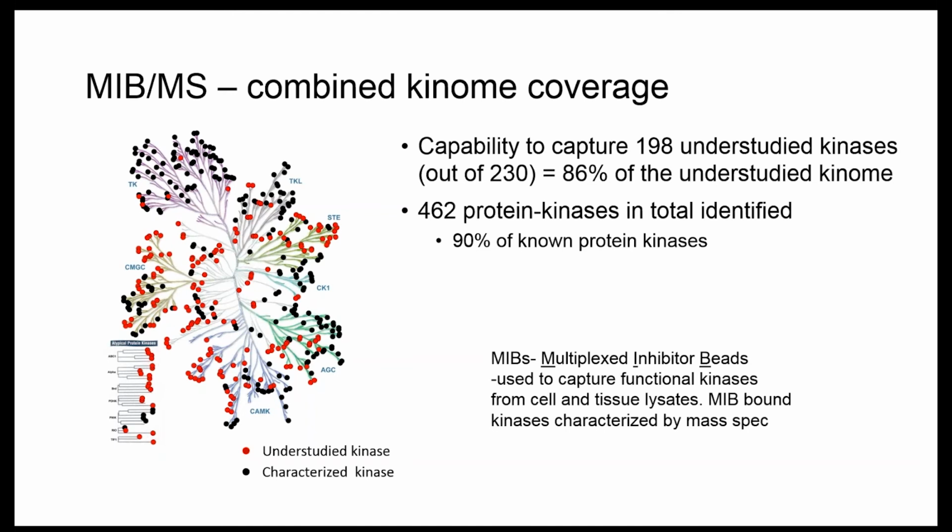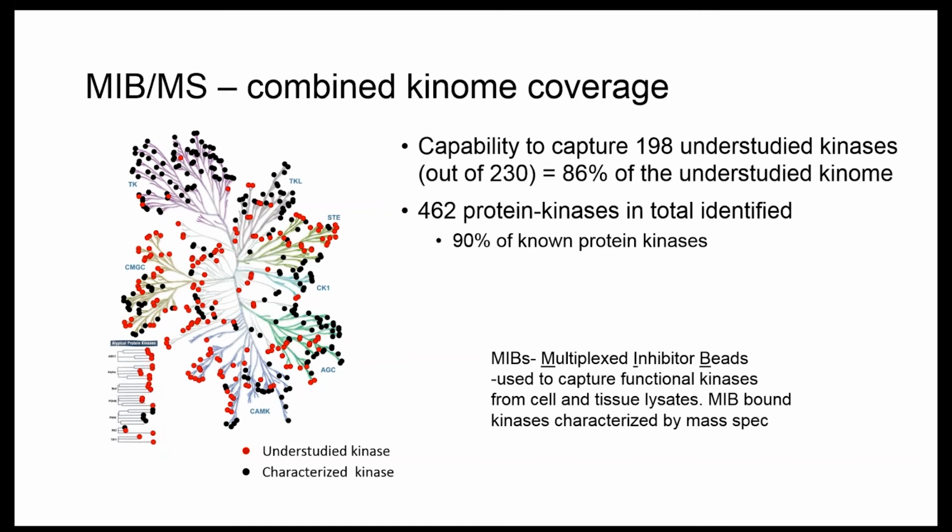Out of this original 230 kinases that we defined as understudied, we capture routinely 198 of these. So this is about 86%. If you count the number of pseudokinases that have a non-functional ATP binding site, it's actually greater than this 86%.